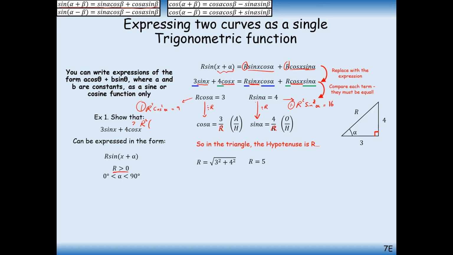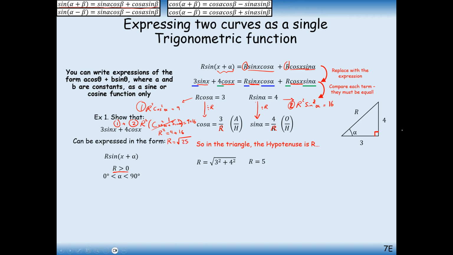So let's call this equation 2, and here I'm going to add equation 1 and 2 together, and we'll end up with cos square of alpha plus sine square of alpha inside the bracket, equaling 9 plus 16. So this expression is 1, cos square plus sine square, so R square will be 9 plus 16, and this, drum roll, will give us that R is the square root of 25.